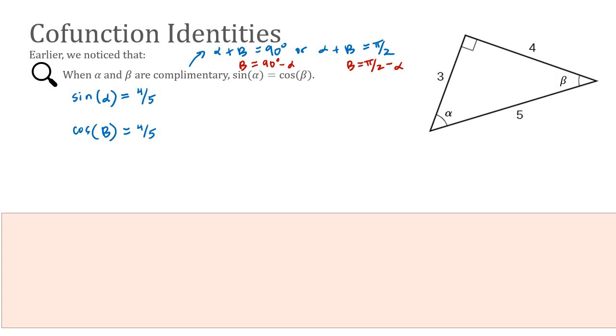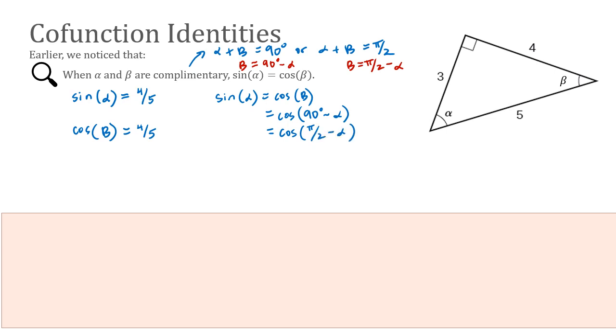Well, I said that the sine of alpha is equal to the cosine of beta. But I now know that beta can be rewritten as 90 degrees minus alpha, or if I'm in radians, the cosine of pi over 2 minus alpha.